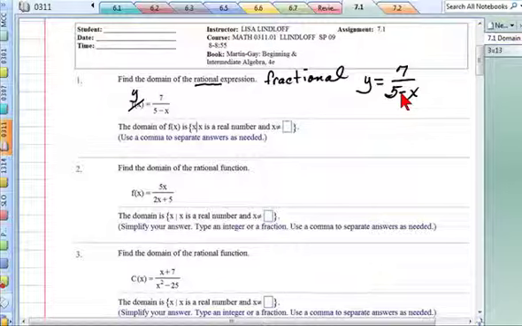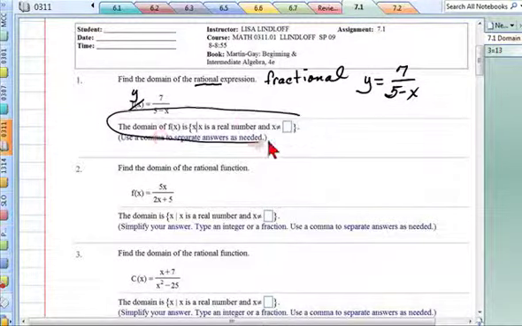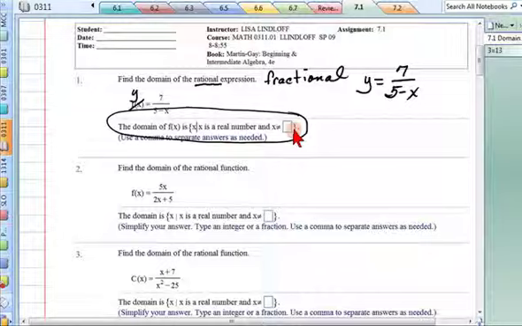So what we're going to do to figure out the domain is I'm going to start out and I'm going to say, can you see this sentence right here? It says, the domain of f of x is the set of all x's such that x is a real number and x cannot equal blank.